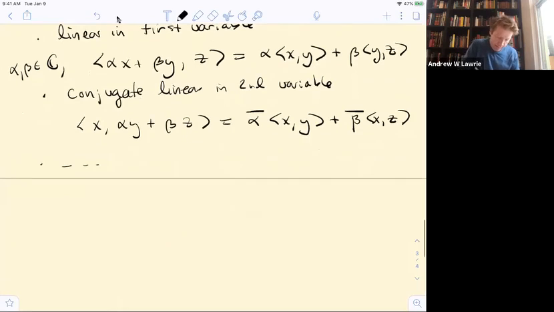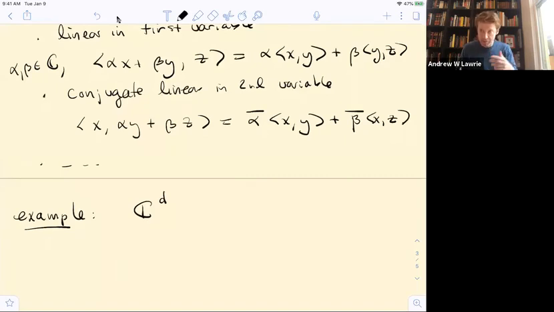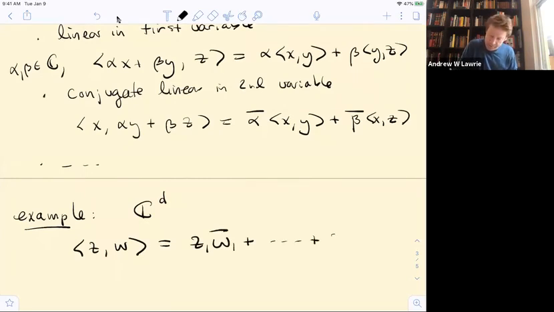And the canonical example here is the vector space C^d, so d copies of the complex plane, where z paired with w is equal to z1 w1 bar plus all the way out to zd wd bar.